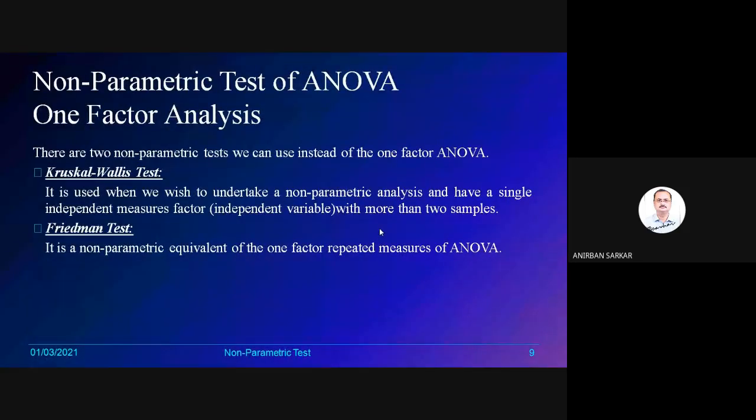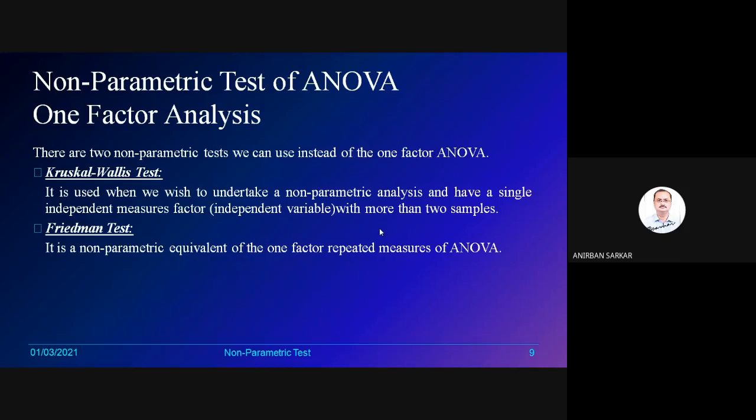So after the break, let us start. Now we will be dealing with the non-parametric equivalent of the one-factor ANOVA. In the pre-lunch session, you know that we have dealt with one-factor ANOVA, that is the independent measure ANOVA and the repeated measure ANOVA. And now we are going to discuss the non-parametric equivalents of those.